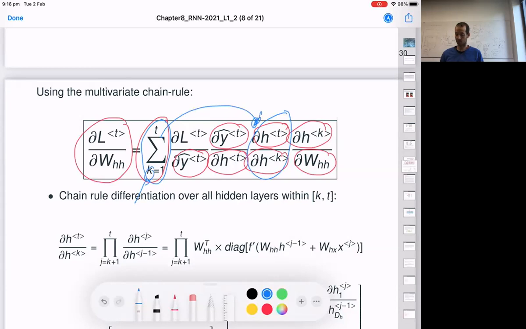All of this other part is still there but doesn't depend on k.